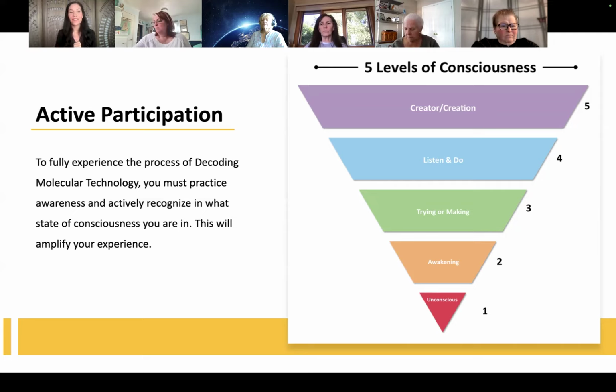And then, of course, the fifth level of consciousness is when we actually move beyond even listening and doing. And this is when consciousness merges with that frequency of source and becomes one with source. And ironically, this is when consciousness is no longer needed, because the tool of consciousness is not needed when we become the intelligence of source.